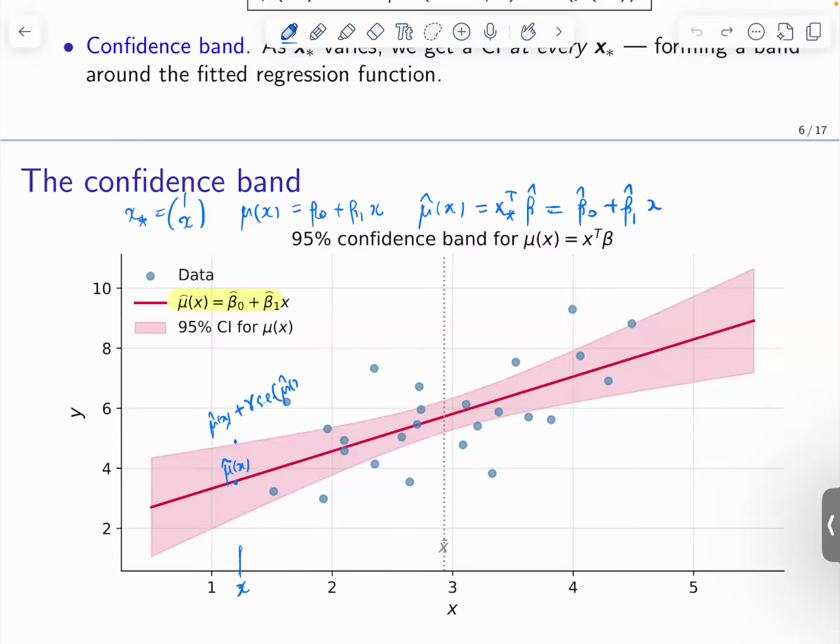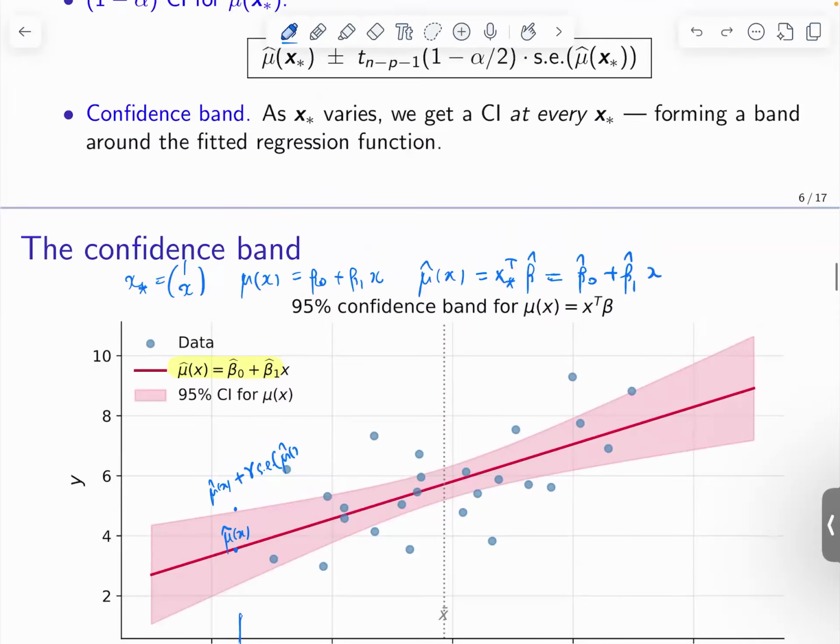Yeah, so let's not do that. Rather than writing it mu hat of x star, I'm going to just write it as mu hat of x, because it's really a function of x. With some abusive notation, rather than being a function of two coordinates, we can view it as a function of one coordinate, as one coordinate is fixed.